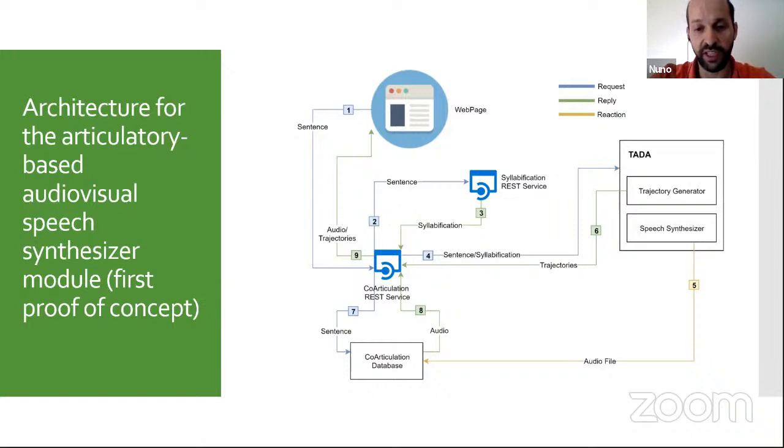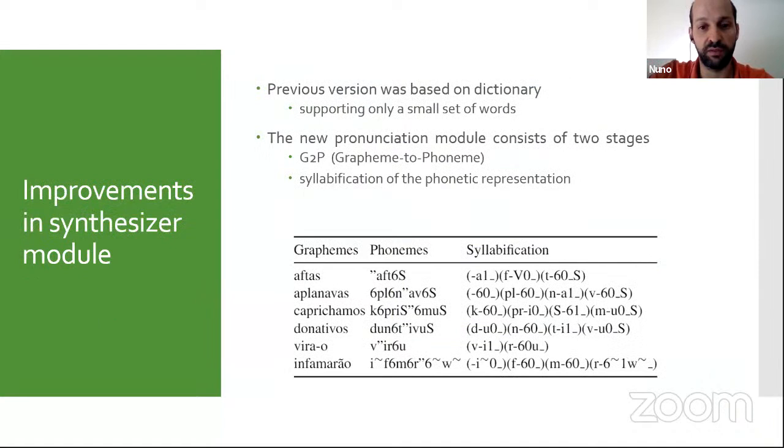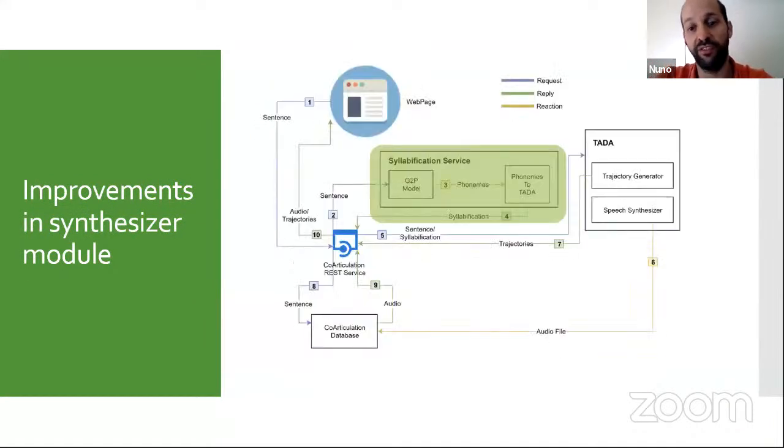Here, the system relies on two services: the articulation and the syllabification service. In the previous versions, this module was limited, so we tried to improve the core of our audiovisual speech synthesis system, and we have updated the syllabification service.